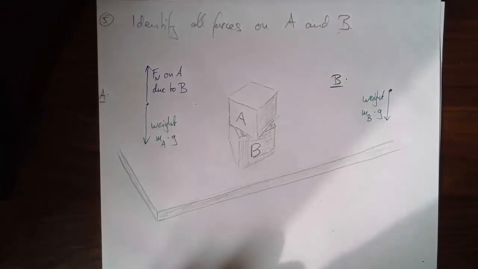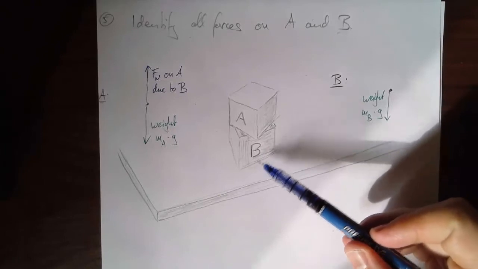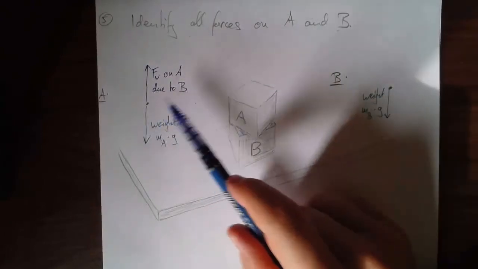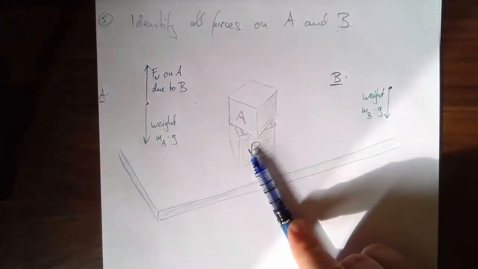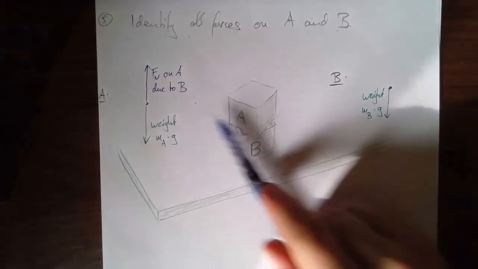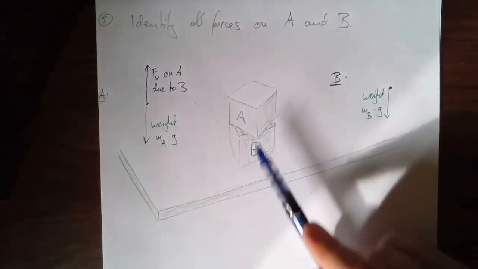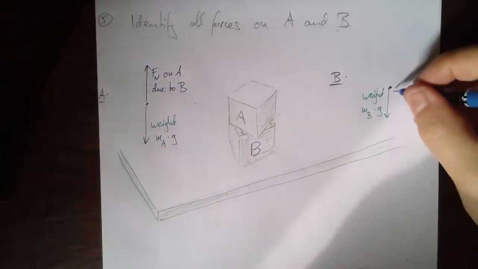So what's different with A is there's a normal force from the table against the block, and that cancels out the weight. Well, not quite, because there's A on top of it. And we know that block B acts a force on block A, right? It had to, otherwise A would be falling. So that means A is pushing back on B with the same force.